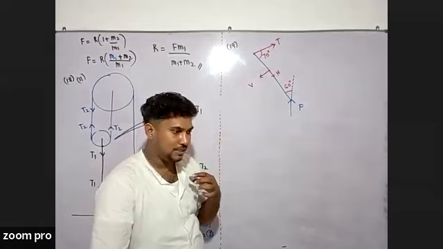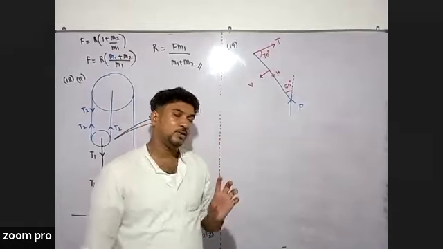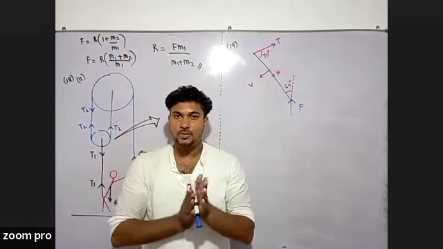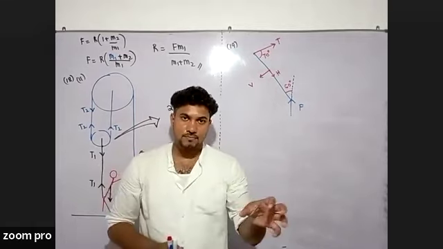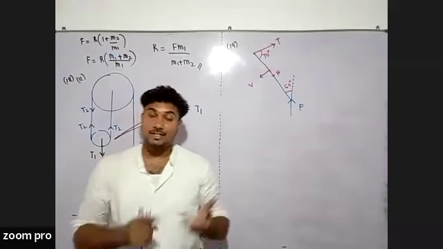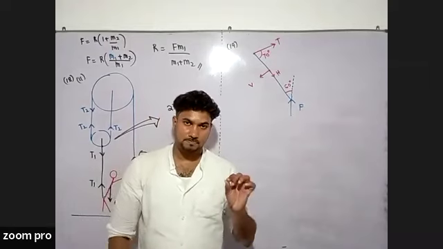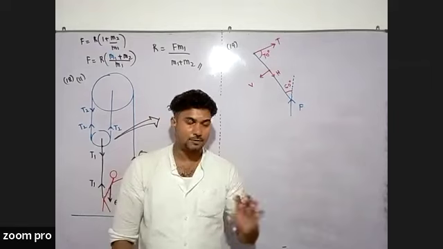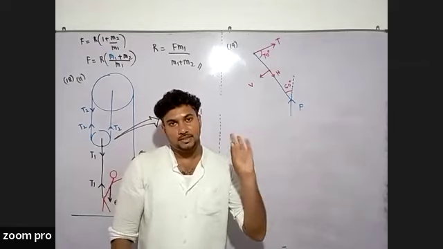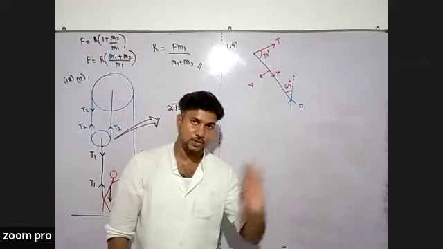If the system is in an equilibrium state, we can apply two theorems for an object in equilibrium. The first one is that the resultant force exerted on the object is zero.